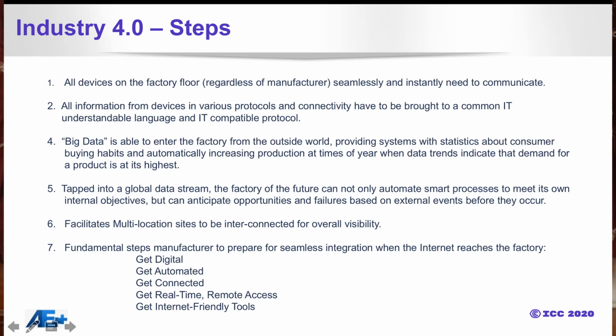And obviously, if you can implement it in one factory, you can implement it in many locations and then connect them together for an overall visibility. But the fundamental steps that the manufacturer has to take are: he has to get digital, he has to get automated, he has to get connected. You have to get remote access, remote real-time control and real-time information and convert it, and of course you have to get all internet-friendly tools to operate along with the system.